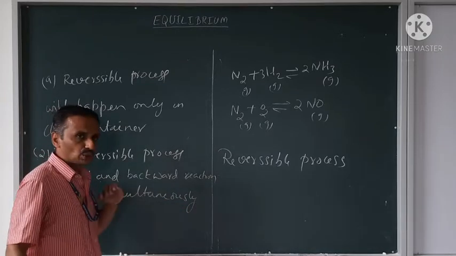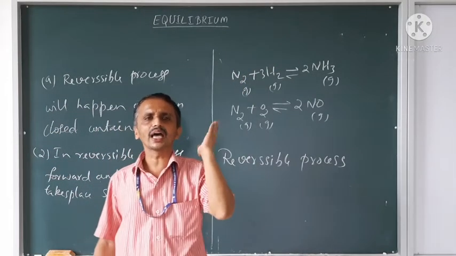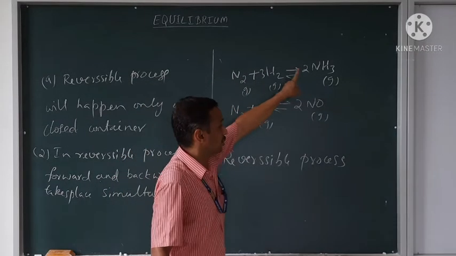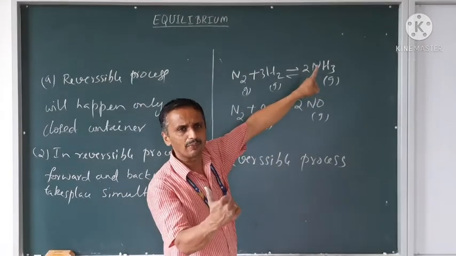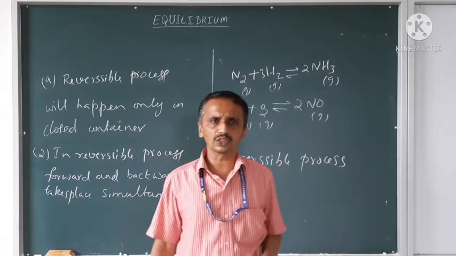It is not that today forward reaction, after 1 year backward reaction, etc. Simultaneously, nitrogen and hydrogen combine to give ammonia, and it starts giving back nitrogen and hydrogen. Simultaneous process occurs.